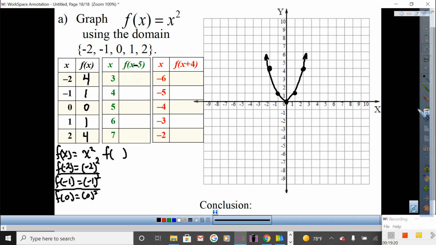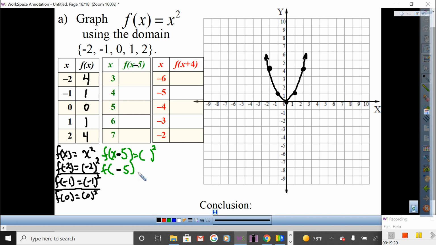So I'm going to change that to green and write f of x minus 5, and whatever I get, I'm going to square that. Okay, so let's see. I'm going to put the minus here because that one is part of the original formula. I'm going to show you in a little bit.